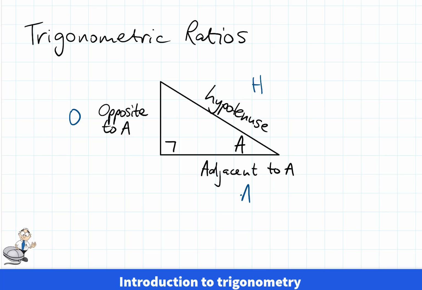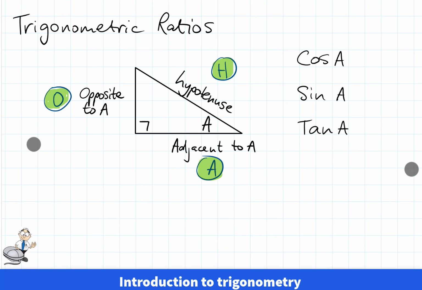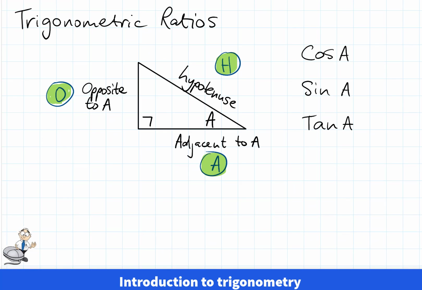For shorthand, we'll call the hypotenuse H, the opposite O, and the adjacent side A. We would like to work out the ratios for cosine of A, which we call cos A, sine of A, which we call sin A, and the tangent of A, which we call tan A. The formulas for these are easy to remember. Remember the phrase SOHCAHTOA.